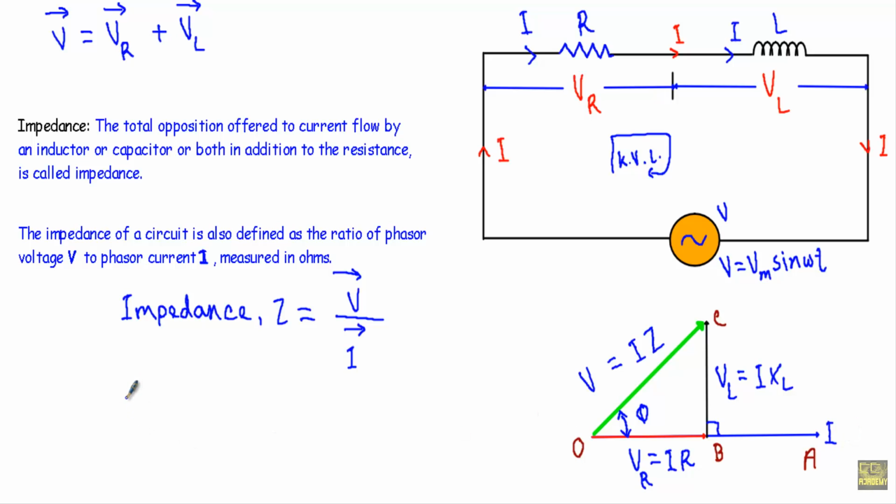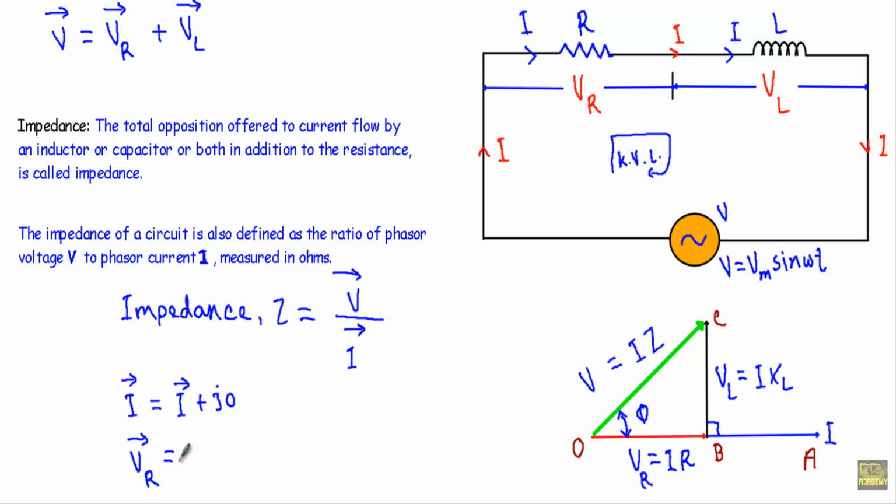Therefore, I can decompose the current phasor in rectangular form: I phasor will be equal to I plus j0. As it is going along the real axis, it will not have any imaginary part. The voltage VR is also going in the same direction along the real axis, therefore VR will have no imaginary part.